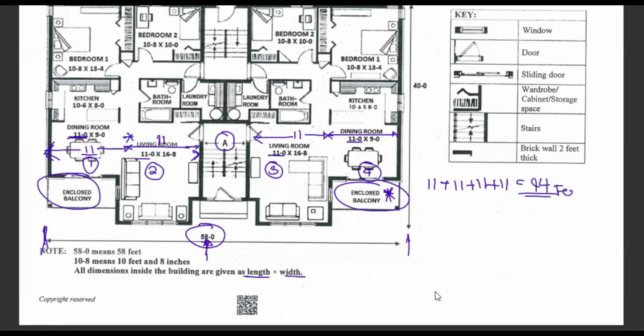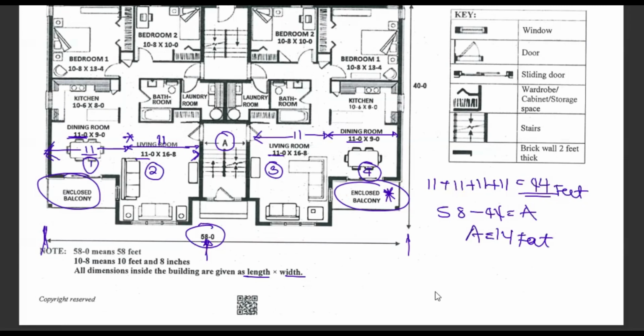But these don't add up to 58. That means 58 minus 44 will give us the value of A, and the answer becomes 14 feet.